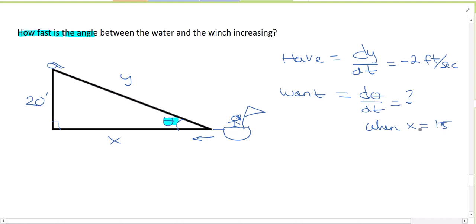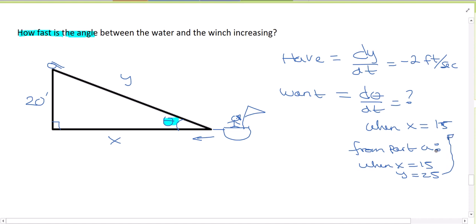This is kind of interesting, because we already know from part A that when x is 15, y is 25. The reason I'm finding y is that our variables are y and theta. They don't involve x. I want to make sure my formula involves just y and theta. So when x is 15 is the same thing as saying when y is 25.